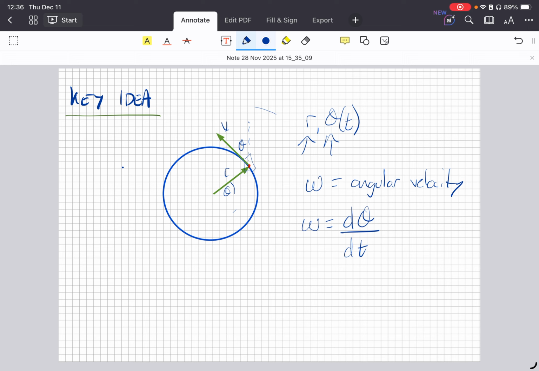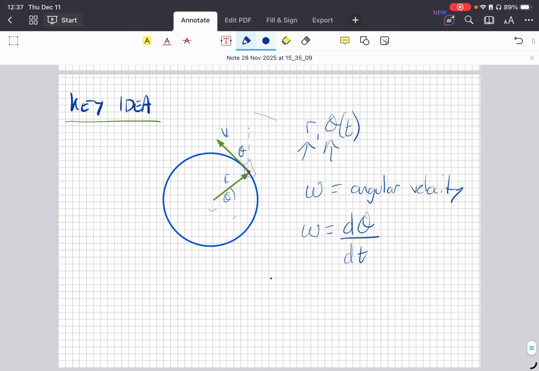You're traveling a larger linear distance because the circle that you're describing is much larger. If you're very close to the center and you're moving at the same angular rate, the actual distance that you're covering is much smaller. So although the angular velocity is the same, the linear velocity will depend on the radius. And it actually turns out that these two things are connected.